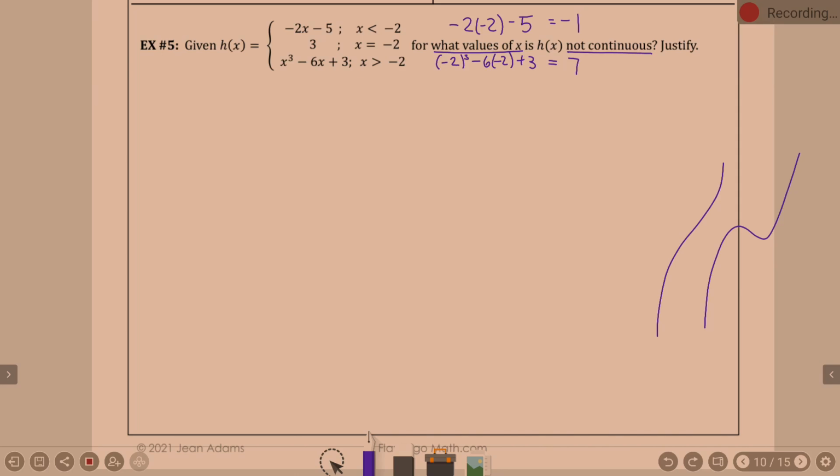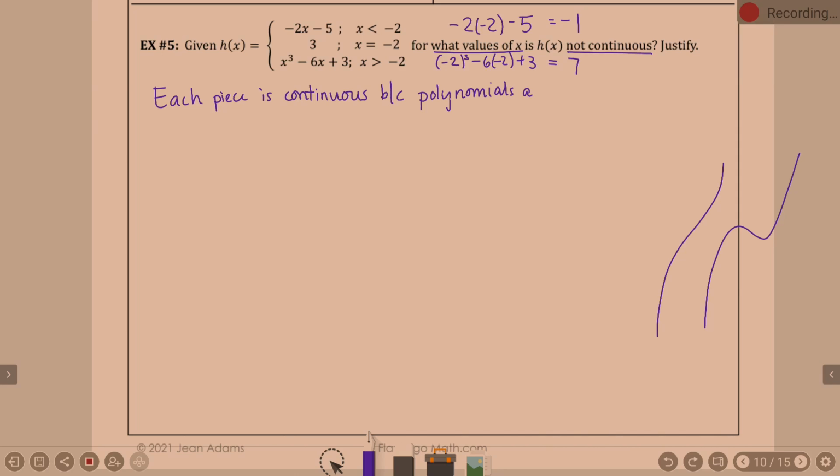Okay, the key, it says to justify. So the first thing we talked about, and I'm just going to write this down, is that each piece is continuous. And why did we say each piece is continuous? Because we could go back to that generalization that polynomials are continuous.